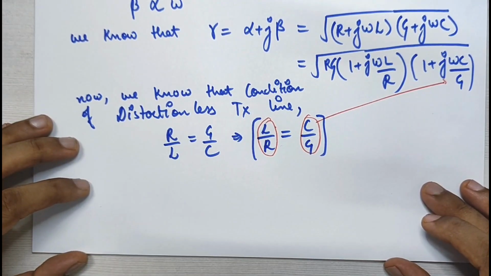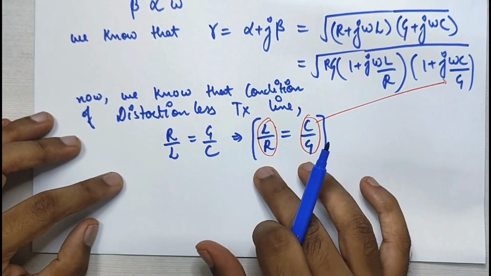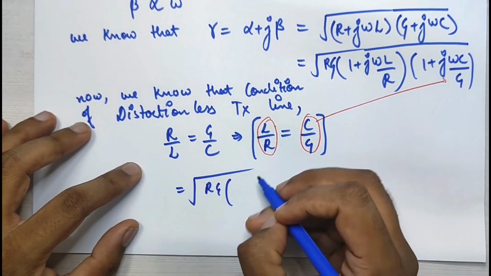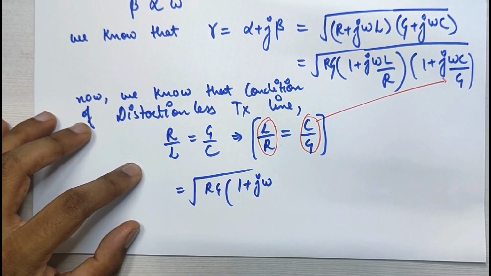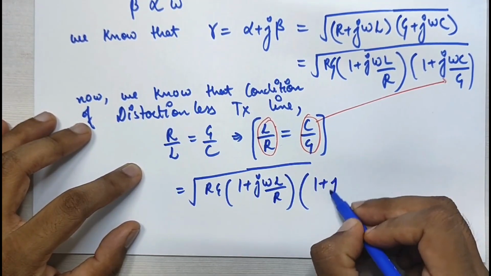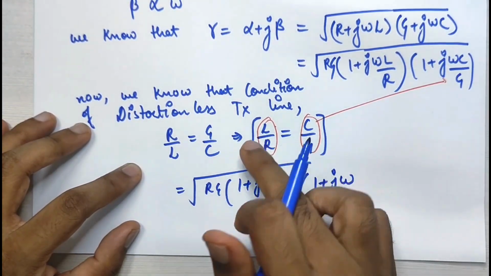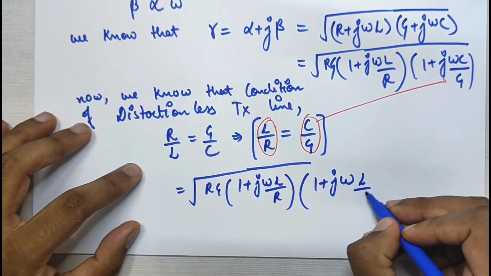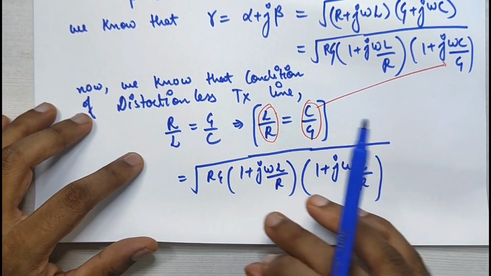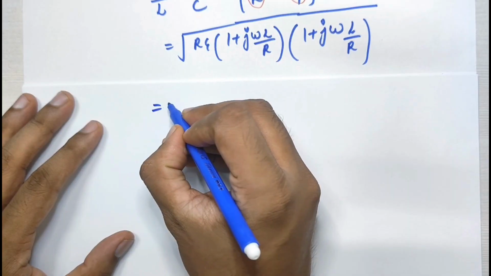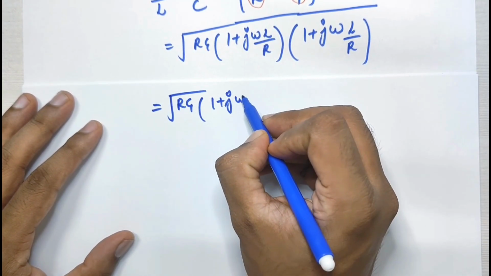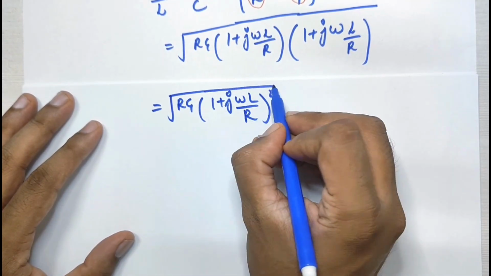All right. Now we will try to substitute this in this equation, right? This will be RG, 1 plus j omega L by R. Now 1 plus j omega C by G can be written as L by R. So we have written L by R. Now if you see here, this is nothing but the square of it. So this can be written as RG, 1 plus j omega L by R, whole square.